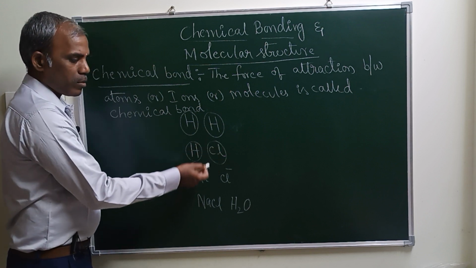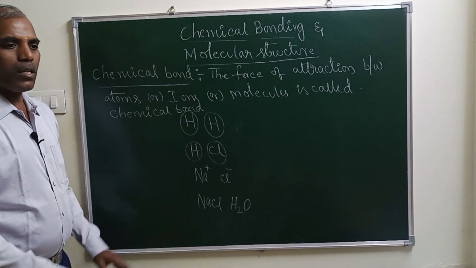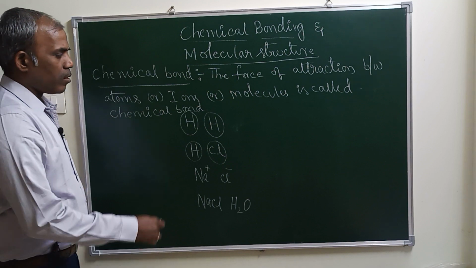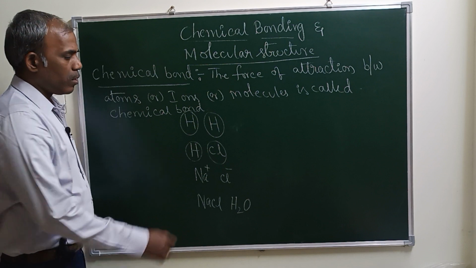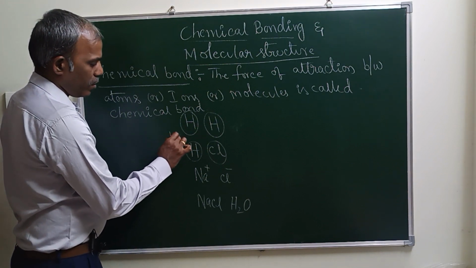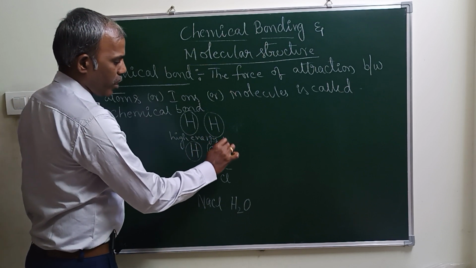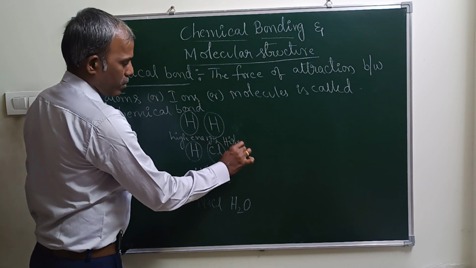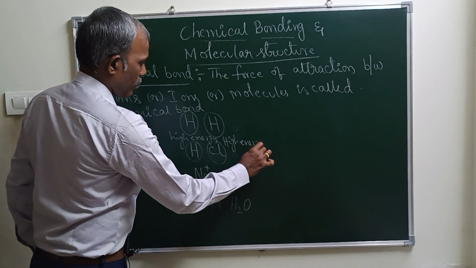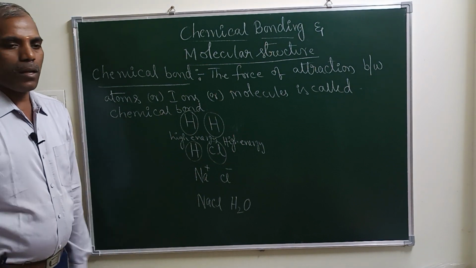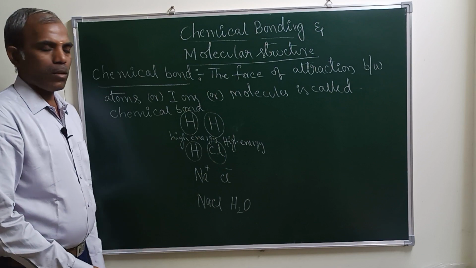Similarly, chlorine, same thing. Now, in order to attain stability, in order to reduce their energy, they want to make friendship with the same element or different elements. Here you see hydrogen at high energy, another hydrogen also at higher energy. Higher energy means they are in an unstable state.